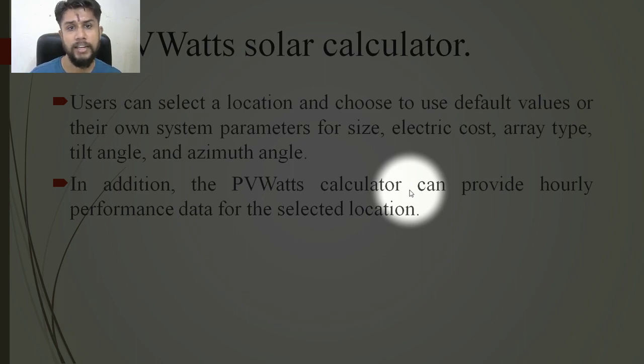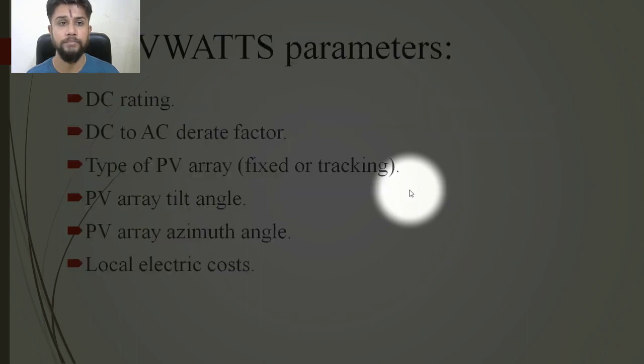Users can select a location and choose to use default values or their own system parameters for size, cost, array type, tilt angle, azimuth angle, etc. for design purposes. The tool can provide hourly performance data for the selected location.